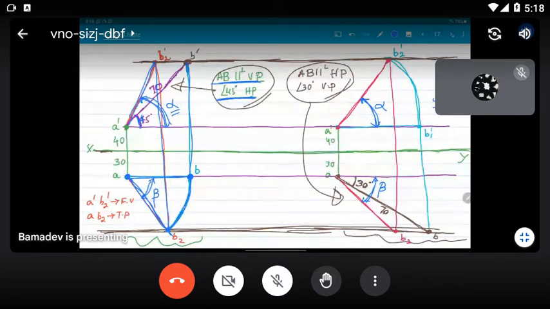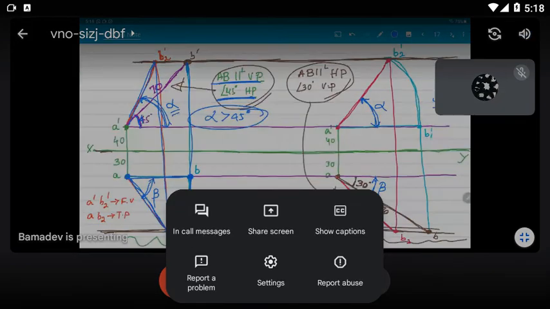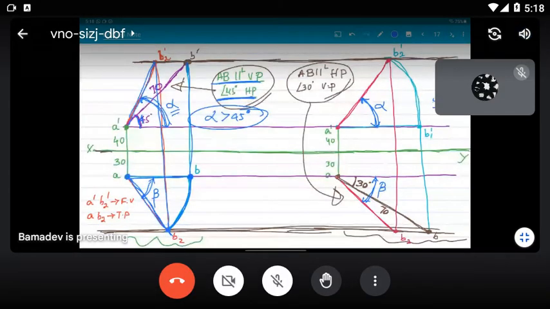But what about this alpha? Is it more than 45 or less than 45? More than 45. That means your eye will see that the angle of inclination of AB with horizontal is more than 45 degree. It's not 45 degree. How much more? That you come to know once you measure alpha.